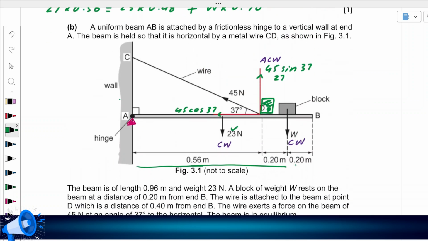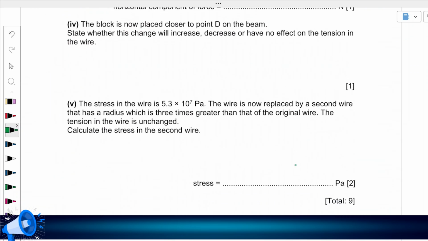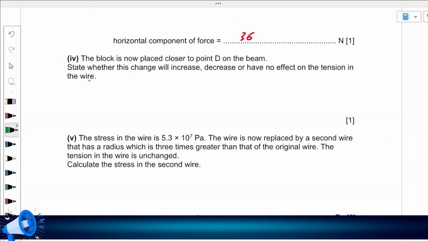So the tension in the wire would be reduced. So you don't need to state and explain. You simply need to state. So even if you write it decreases, the tension in the wire decreases, that would also be acceptable.